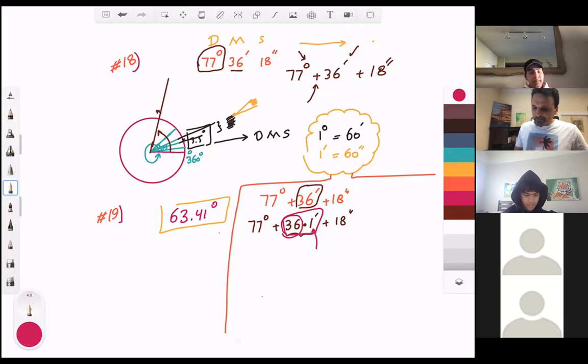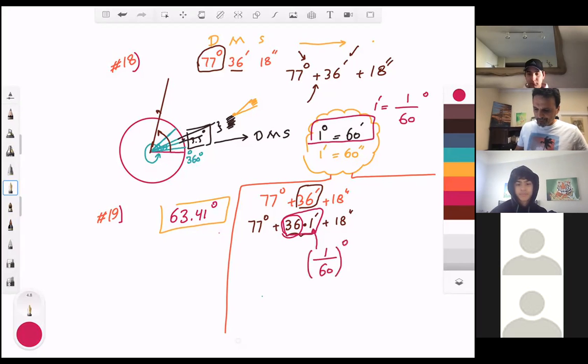So 1 degree equal to 60 minutes. 1 minute will be 1 over 60 degree. So instead of 1 minute, I'm going to put 1 over 60. And this, the unit is degree.